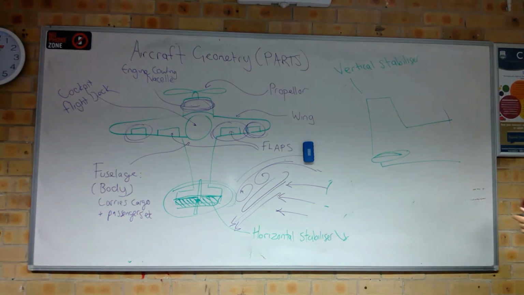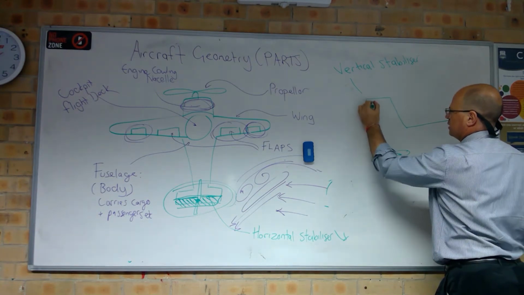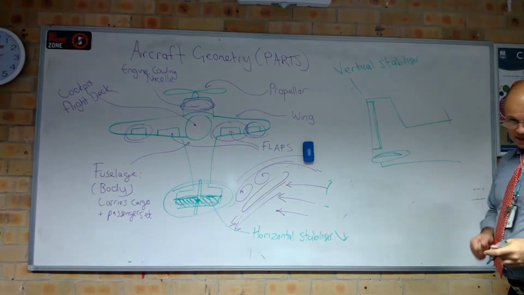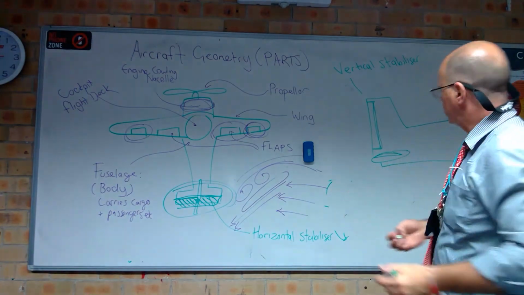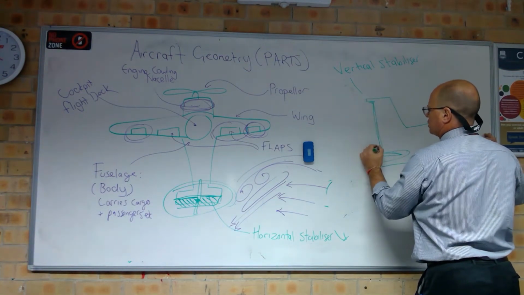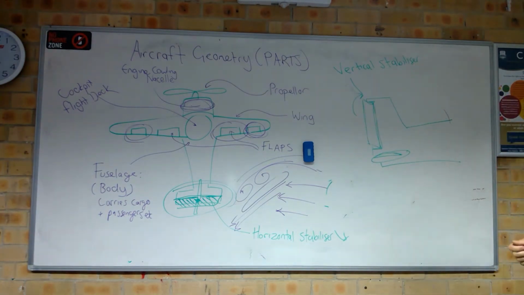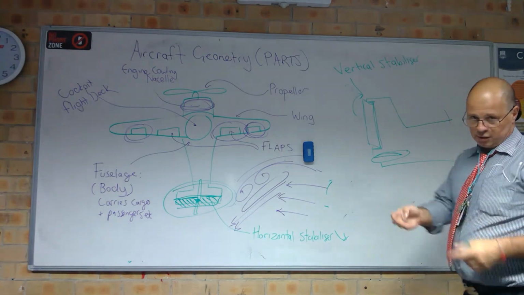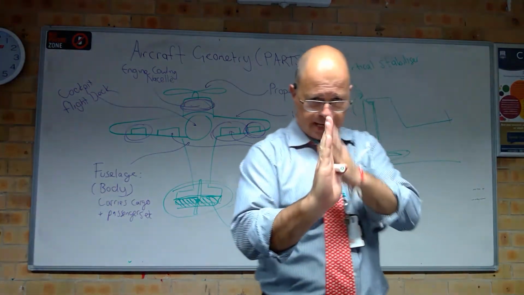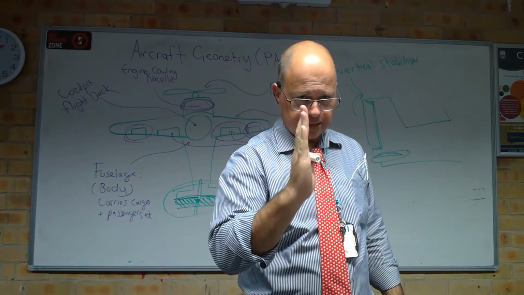At the back of the vertical stabilizer, you've got this thing which is just like the elevator, same deal, and it's hinged. So it can turn, it can hinge to go that way, or it can go the other way. So if you were to look at the back of your vertical stabilizer, it does that.